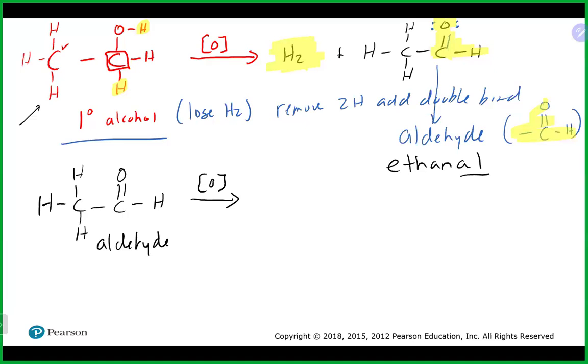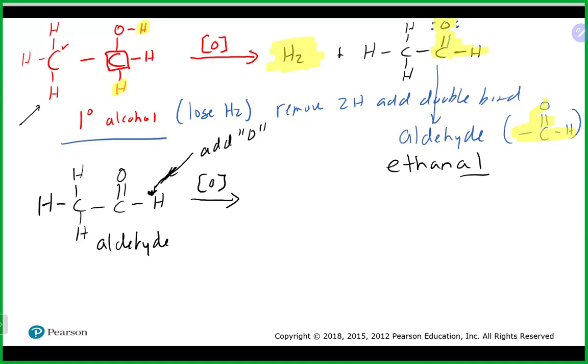When it comes to the second oxidation, what we're essentially going to do is the other definition of oxidation. We're going to actually just add oxygen. So we're going to add some oxygen here. And oxygen always ends up right there, right next to that hydrogen. So the oxygen gets there.